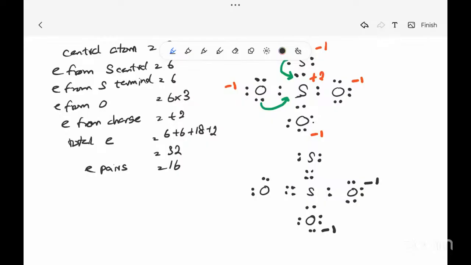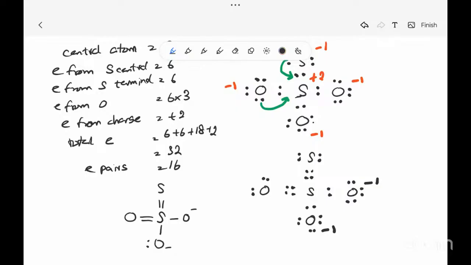If I draw the Lewis dot dash structure, it's something like this: sulfur, sulfur, double bond sulfur, single bond oxygen, minus charge, double bond oxygen, like this, minus charge.